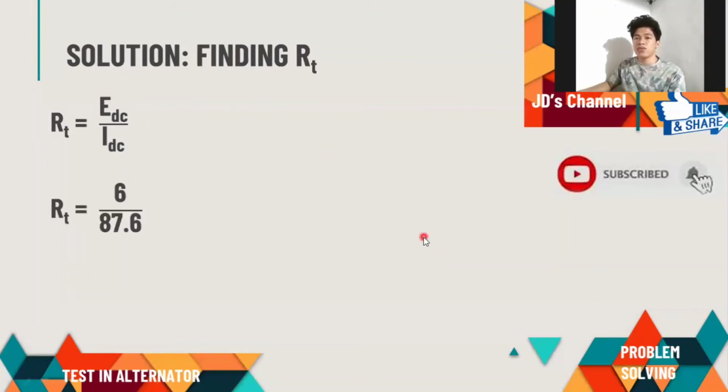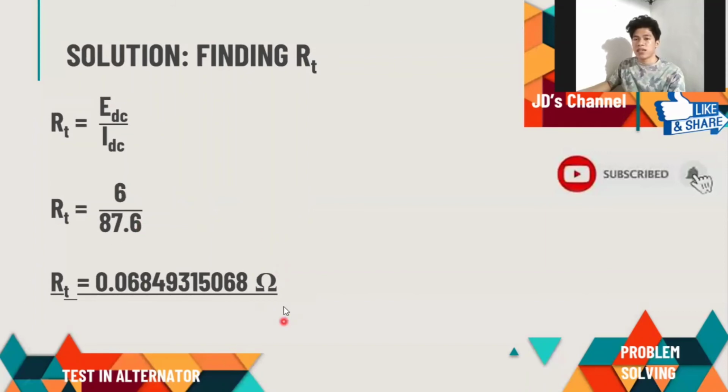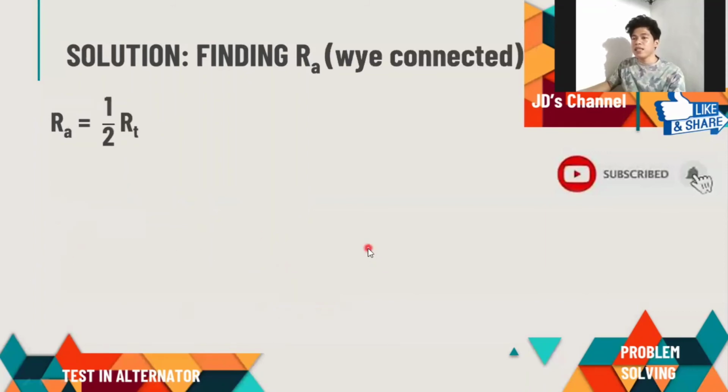For the solution, finding the RT: EDC over IDC is equal to RT. Substitute the values: 6 over 87.6, and we will get, class, the value of RT, that is 0.0684931508 ohms. So we can see I did not round up, class. Then the next one, finding the RA if it is Y connected. This is the formula we will use.